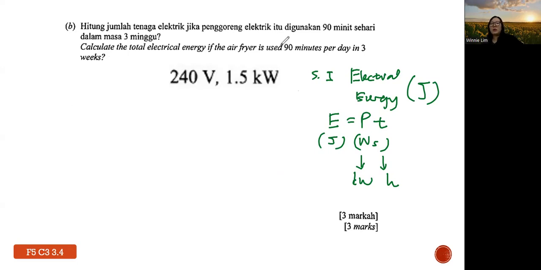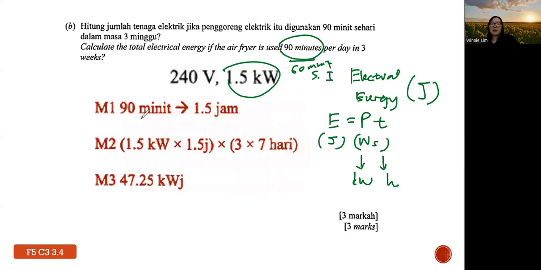So how do you change minute to hour? You divide by 60 minutes. The power is already in kilowatt, so you don't need to do anything. How do we solve it? The 90 minutes becomes 1.5 hour, you use 90 divided by 60. Then 1.5 kilowatt times 1.5 hour, and then times 3 weeks, so times 7 days.